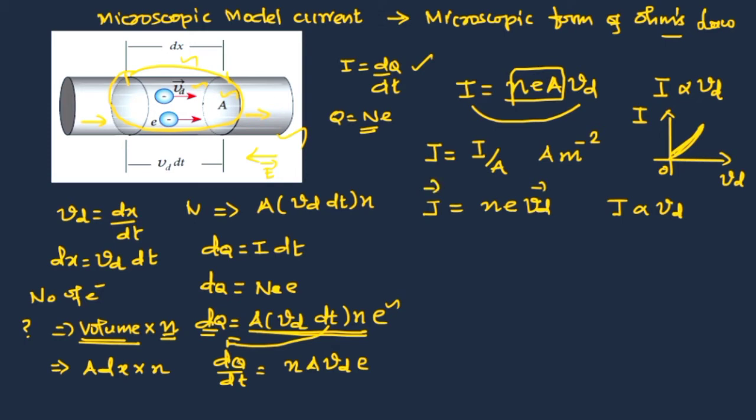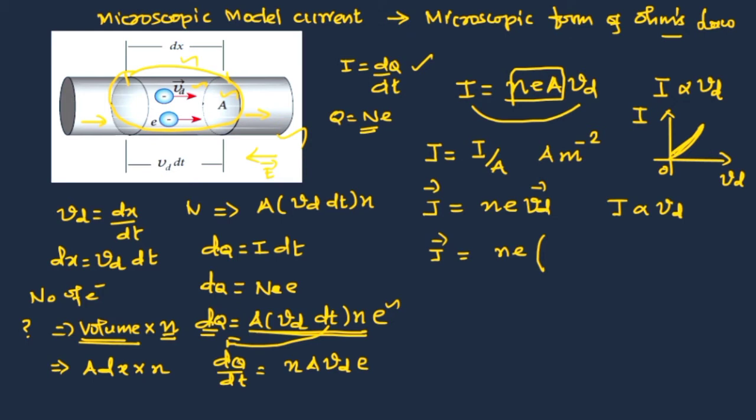So this is your current density, and now this current density J vector is equal to Ne into what is your drift velocity? Already we have written. What is that? Acceleration into relaxation time, that we have discussed in the previous slide. I will show it once again.